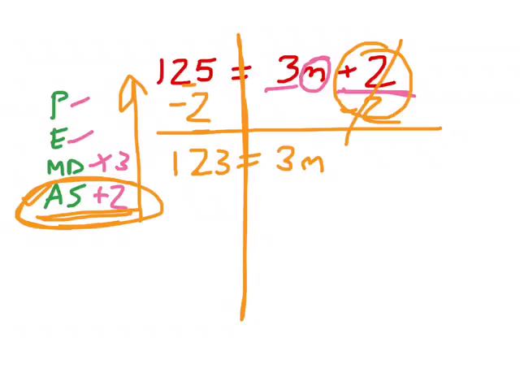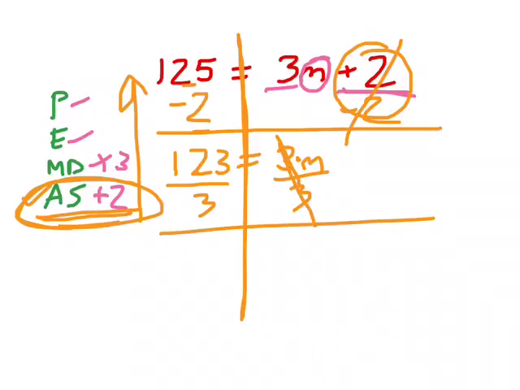Now I'm going to move on to the multiplication division, and I see I'm still multiplying by 3. The way I undo multiplying by 3 is by doing the opposite, so I'll divide by 3, and again, to maintain the balance of my equation, I'll do it on both sides. So the times 3 and divided by 3 cancel each other out.